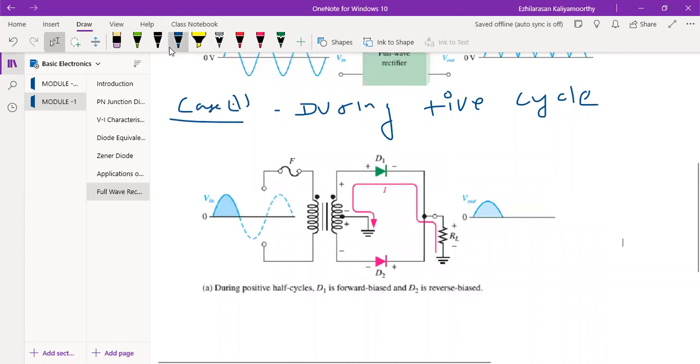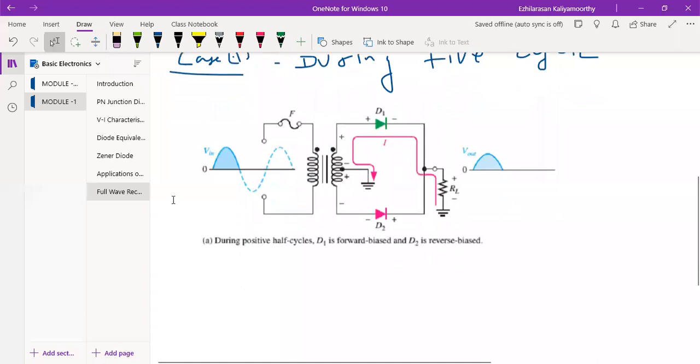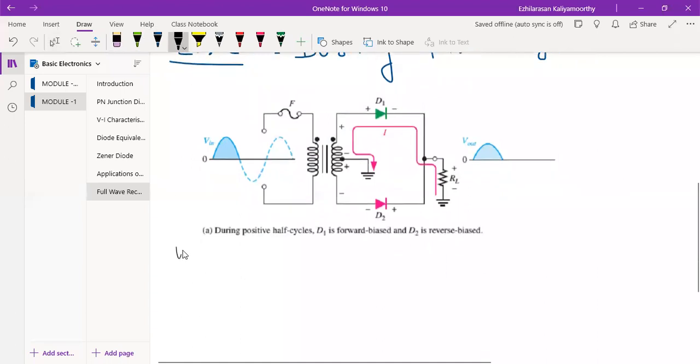During the positive cycle, we have the input, V in. As the input voltage becomes greater than VD, then only the diode will work. Practically, not theoretically, VD is somewhere else. Theoretically, when we have positive voltage, that is the positive cycle; we are not working at the negative cycle.